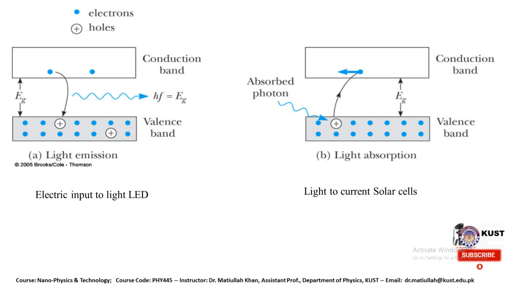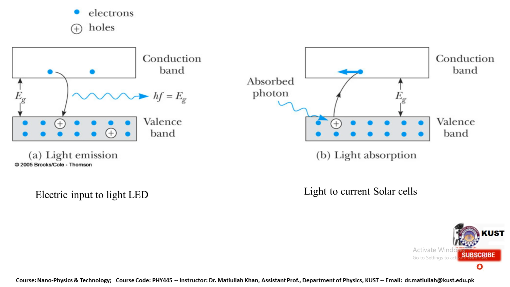This is the light emission from the diode, that is actually electric input to light, LED, that is light emitting diode, and light to solar current is also available. So we can use the semiconductor material for different applications. Just like when a photon is coming whose energy is equal to the band gap energy, that photon will be absorbed, and as a result of this absorption, an electron will move from the valence band toward the conduction band, leaving behind a hole.